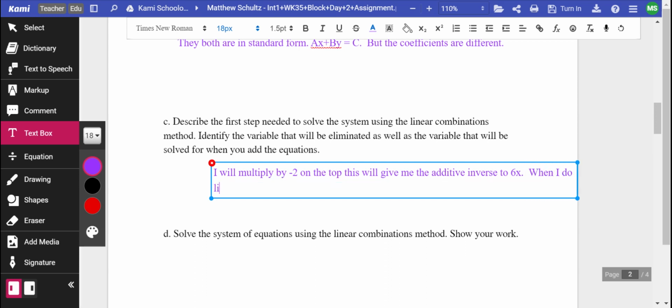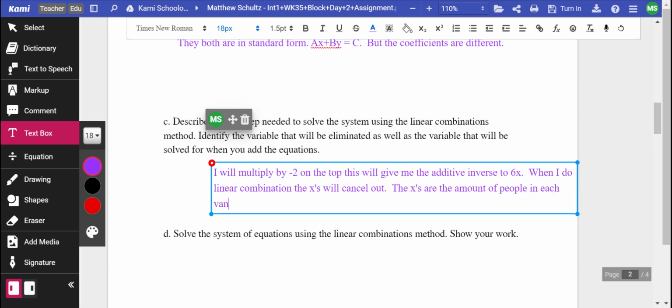When I do a linear combination, the x's will cancel out. The x's are the amount of people in each van.